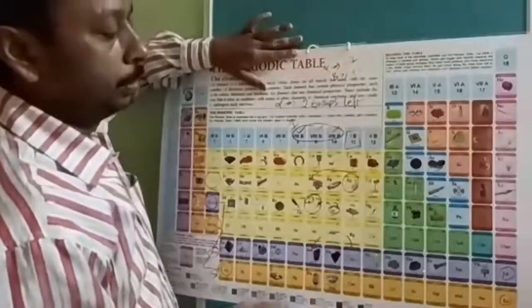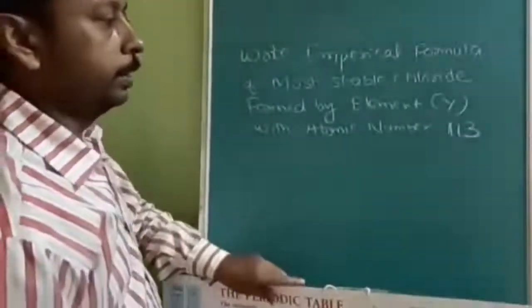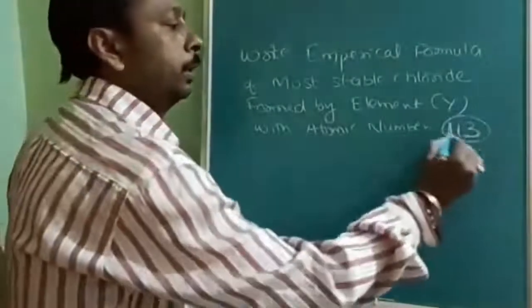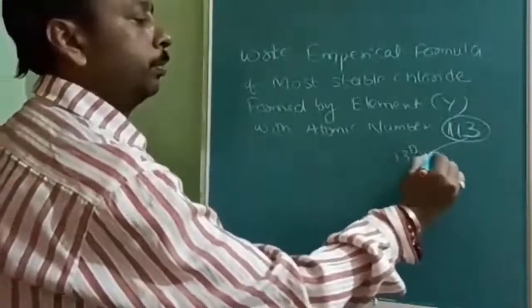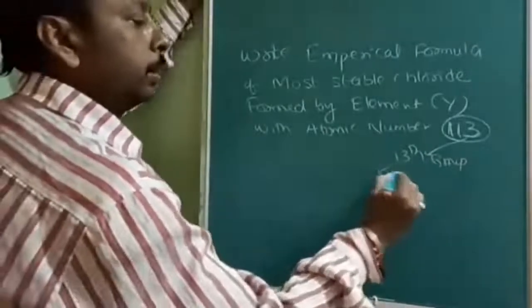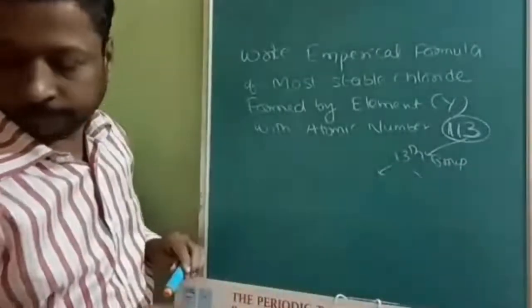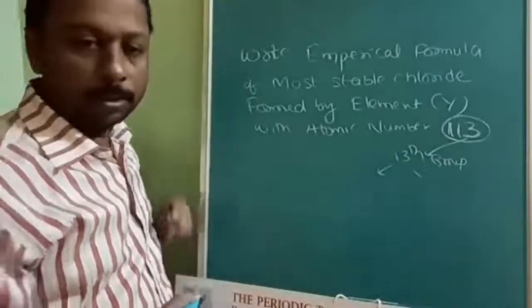The 13th group. The 13th group can show two types of oxidation states. So 113 belongs to the 13th group, therefore there can be two oxidation states.